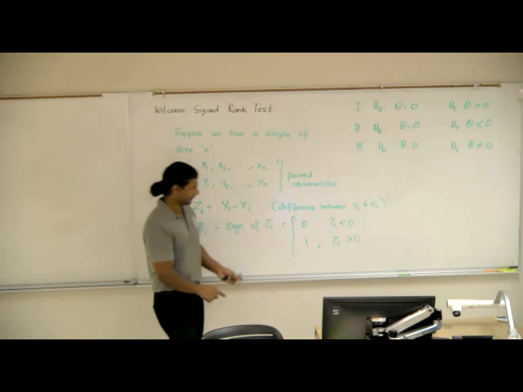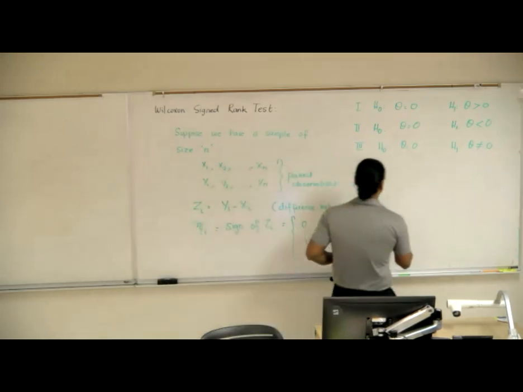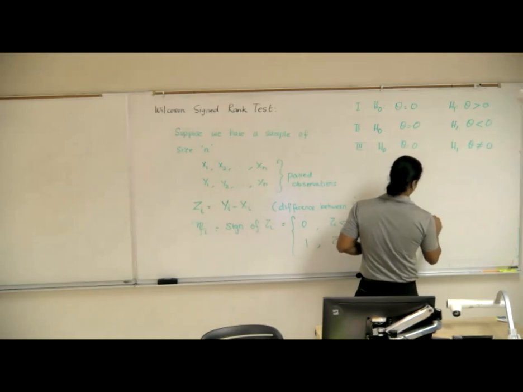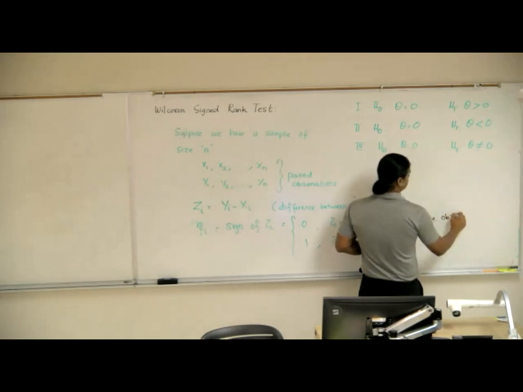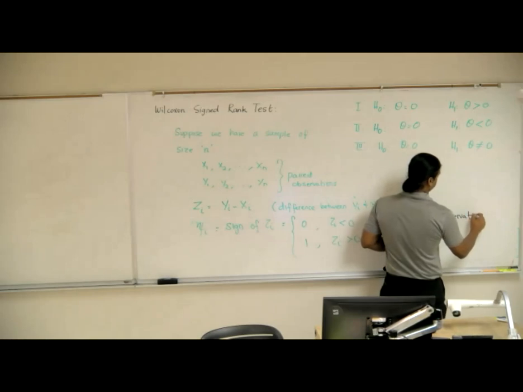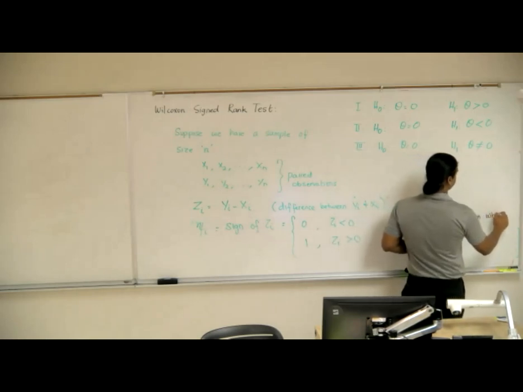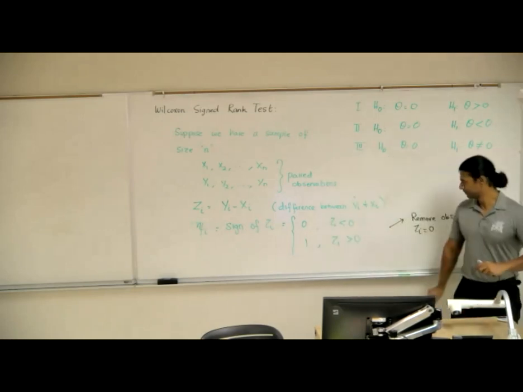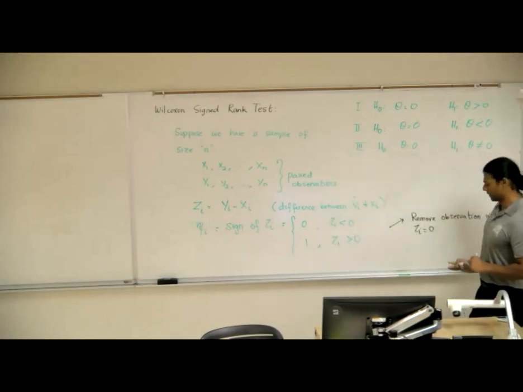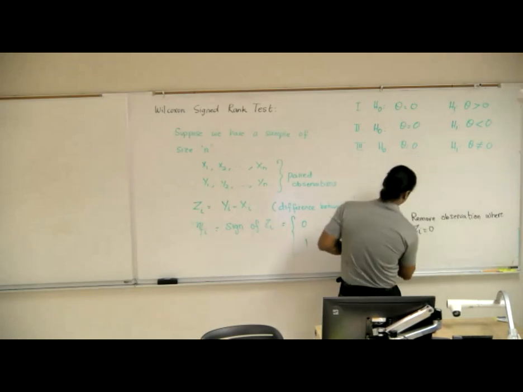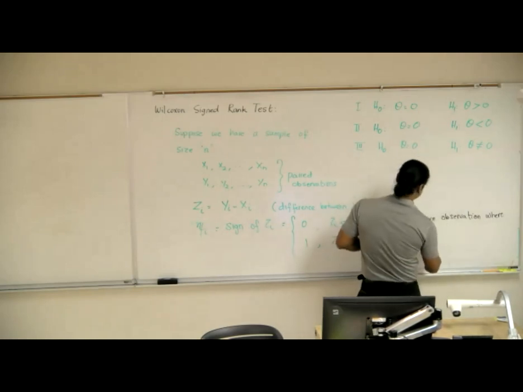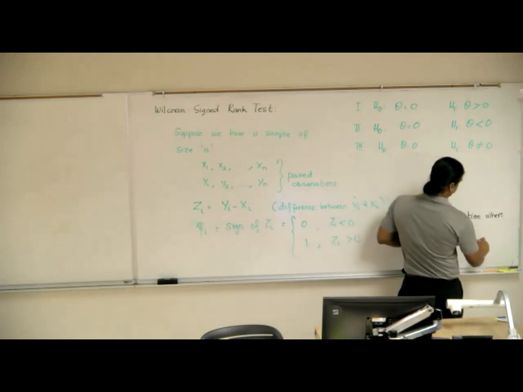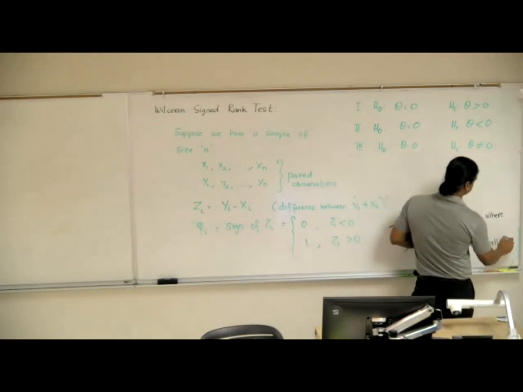Two possibilities. In a situation like that, you can either remove the observation where Zi is equal to 0, or use 0 and keep all observations.